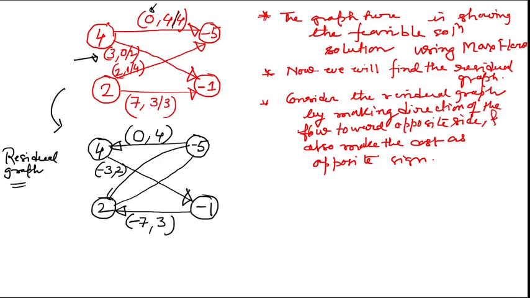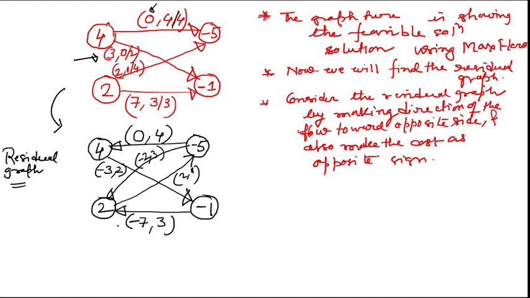Shall we make it -2 and 3 here? And this side it is 2, 1. For the time being, it might be a little bit wrong. Let us do it.